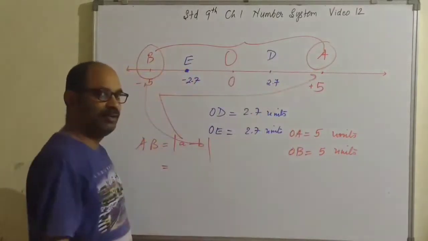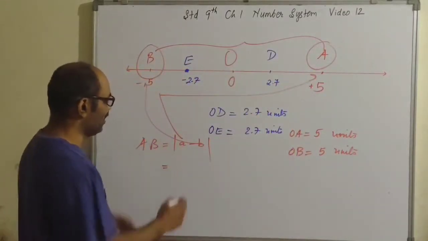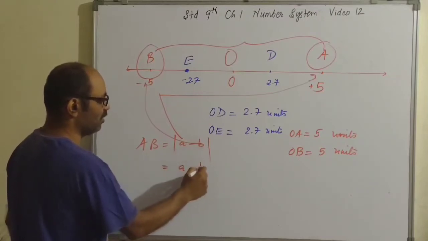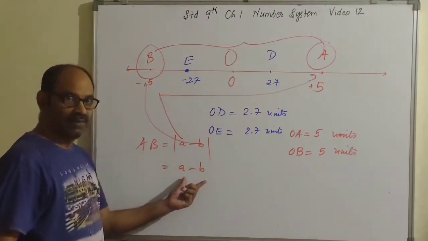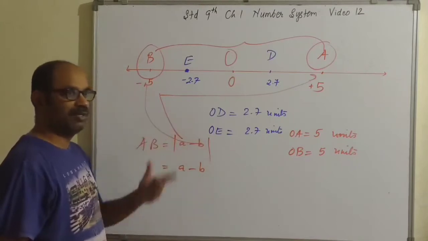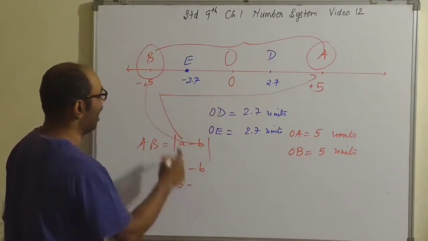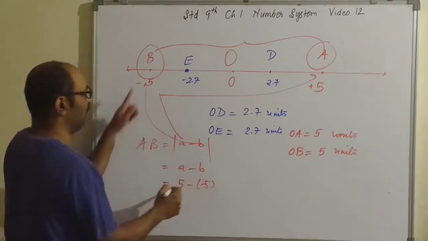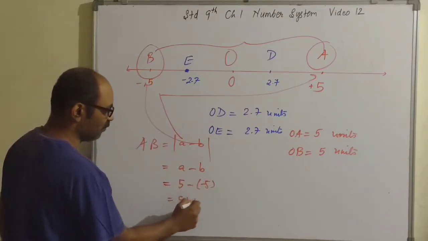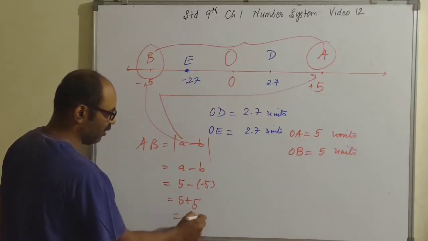So the number corresponding to A will be larger. So small a is larger minus small b smaller. So this will give you a positive difference. So the modulus, the absolute symbol, is gone. Now what is A? 5 minus of minus 5. B is minus 5. So 5 plus 5 and that is equal to 10 units.